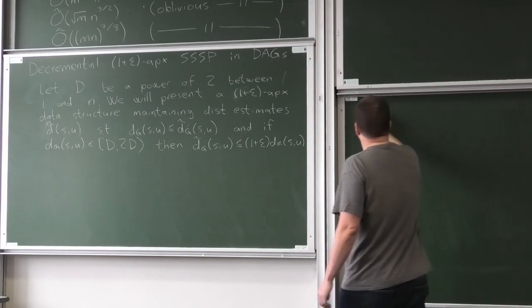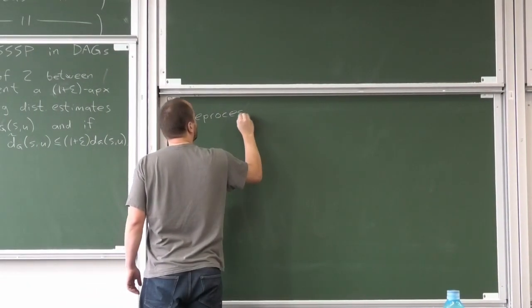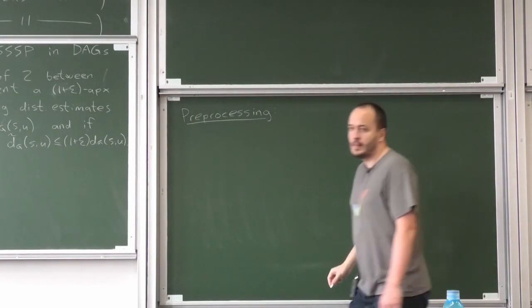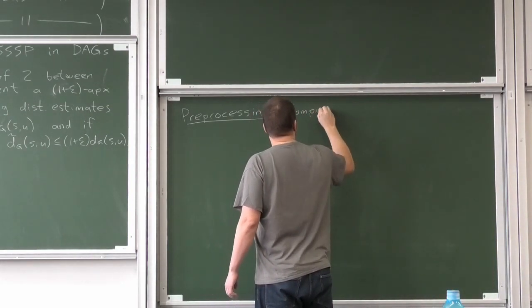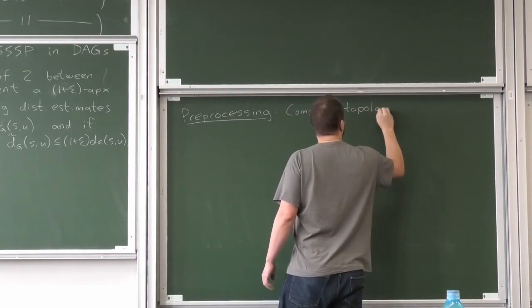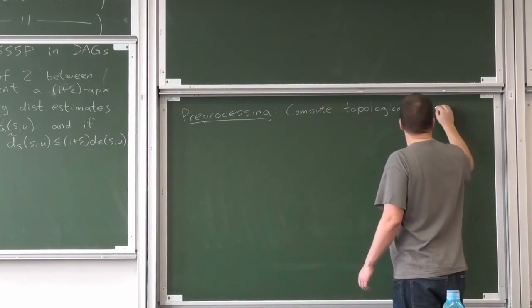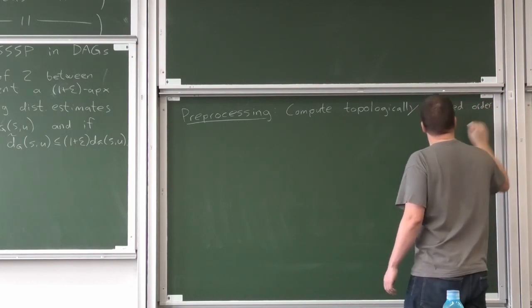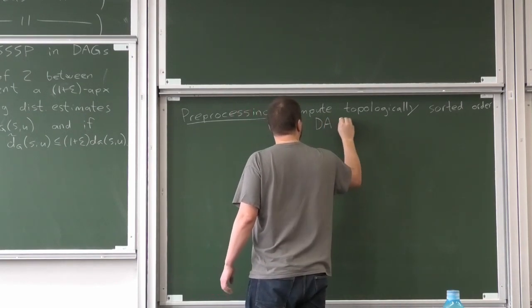Okay, so there's a pre-processing step, as I mentioned. So compute a topologically sorted order of the DAG we have.